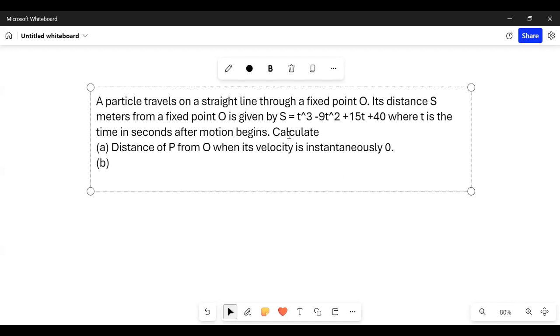Find the value of t when the acceleration has a magnitude of 9.